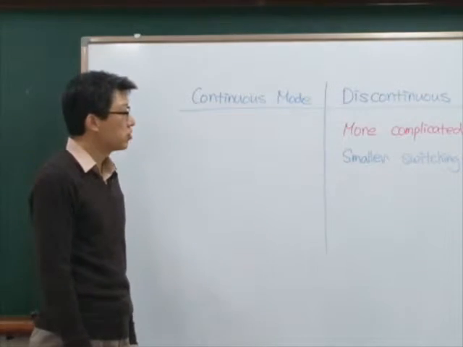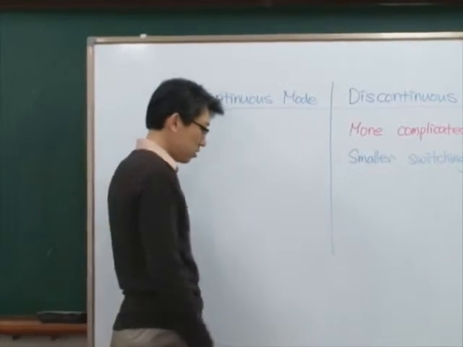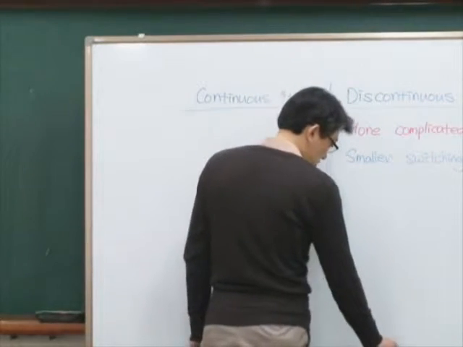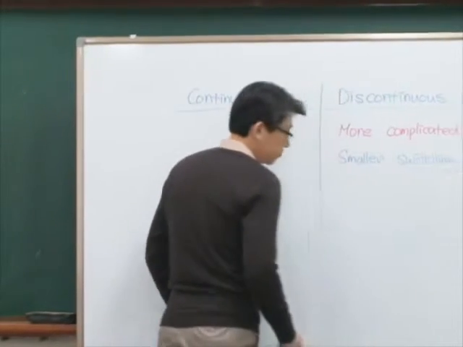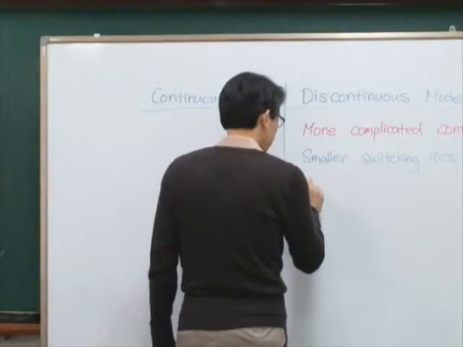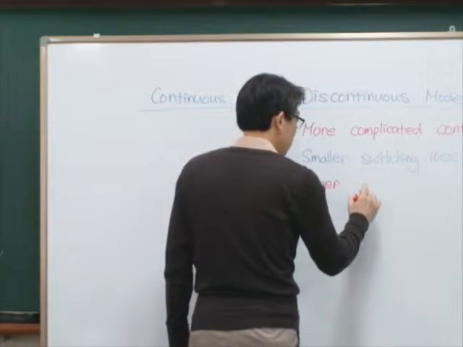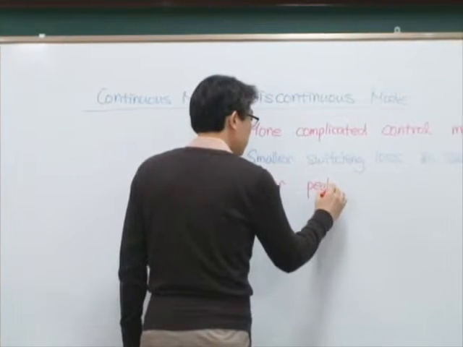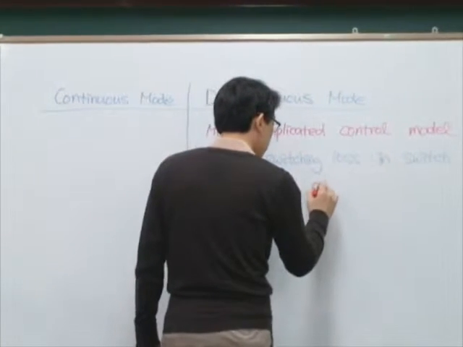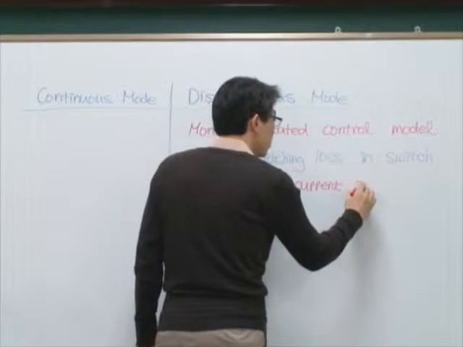And what is then the worst or the disadvantage of discontinuous mode is larger peak current in switch.